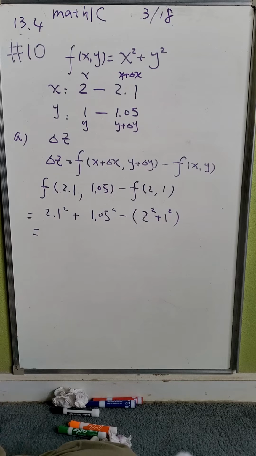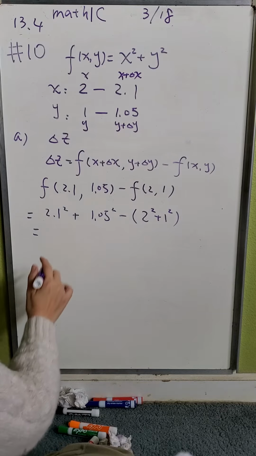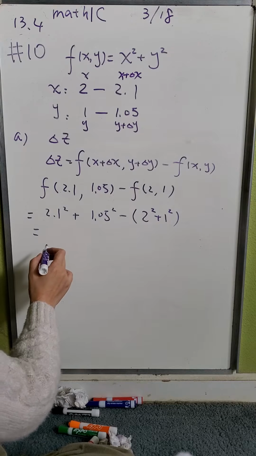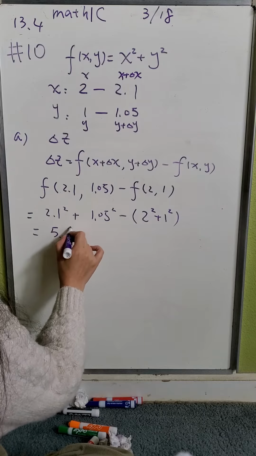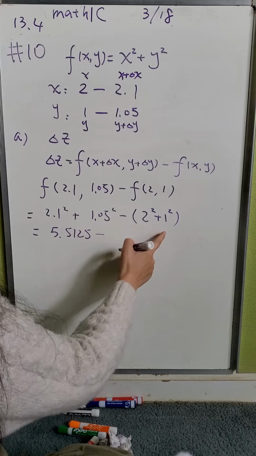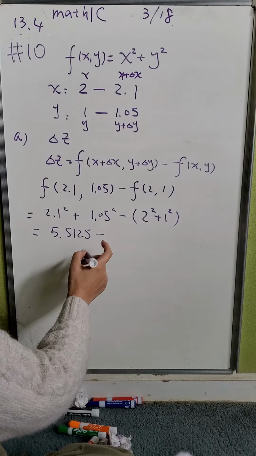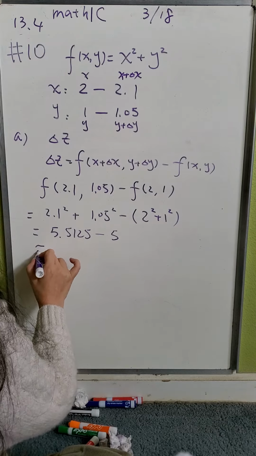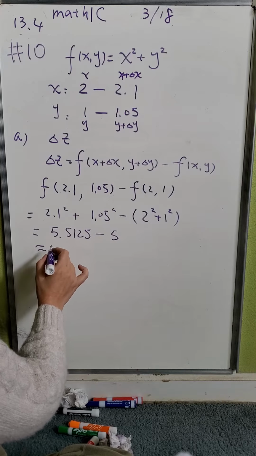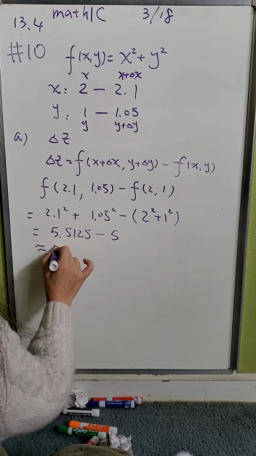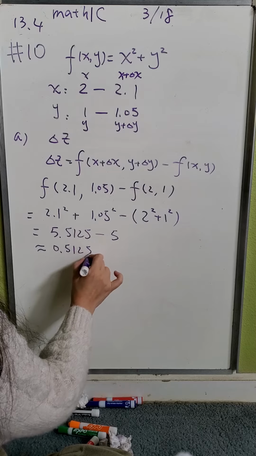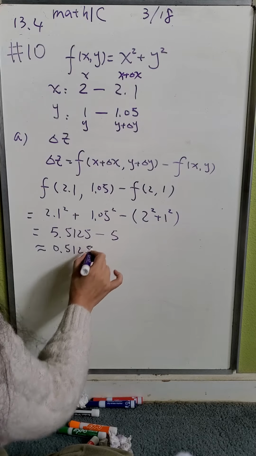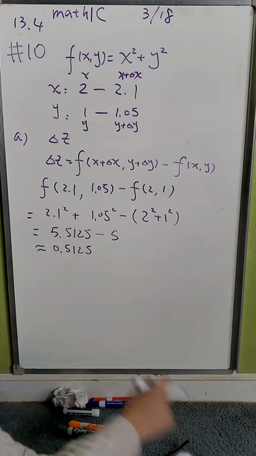And use the calculator, it comes out equal to 5.5125, this one. Subtract this one, which is equal to 5, I get approximately 0.5125. Okay, so that's how you do this one.